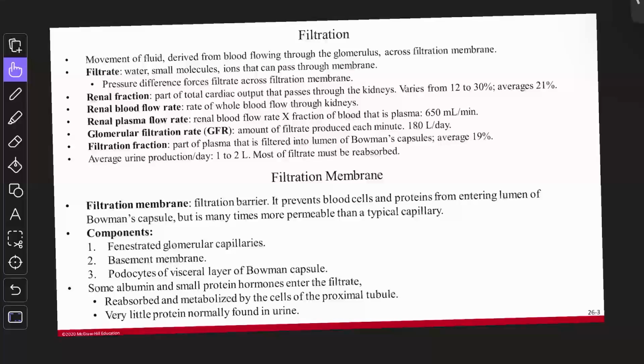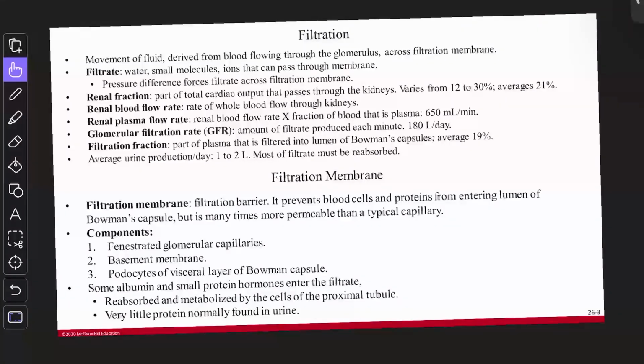You are emptying out of your bladder 1 to 2 liters per day. It's getting reabsorbed. We're going to talk about that. So it's a big difference. Your kidneys are very busy all day long, all night long, pretty much all the time. They never get a break. Give them some water.